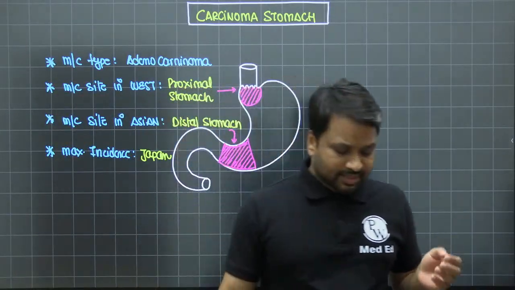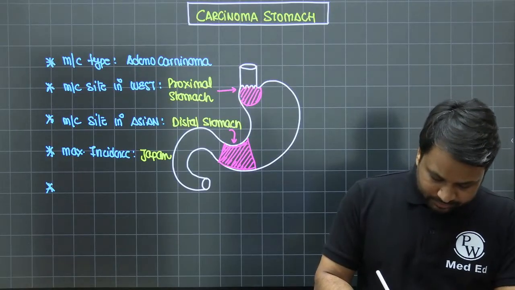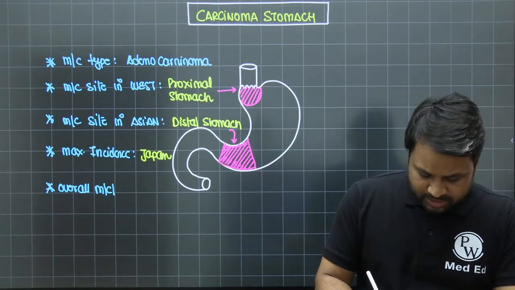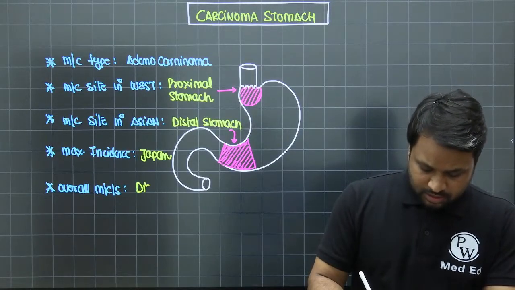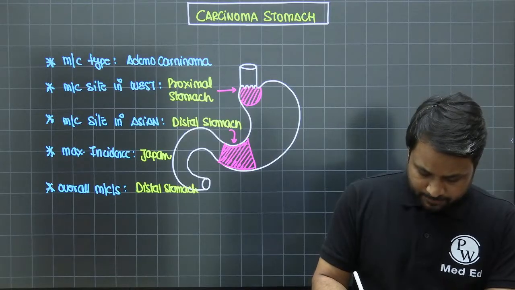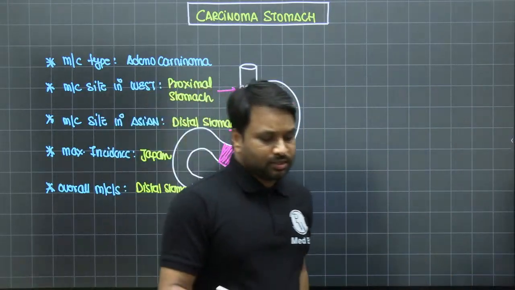No doubt for guessing it is Asian. So if I ask you overall most common site, overall most common site for the gastric cancer will be your distal stomach, right?